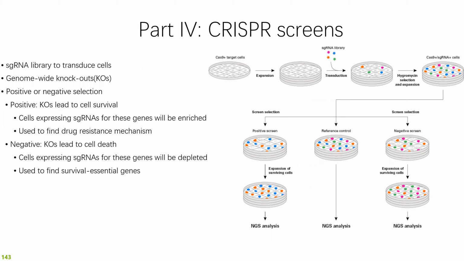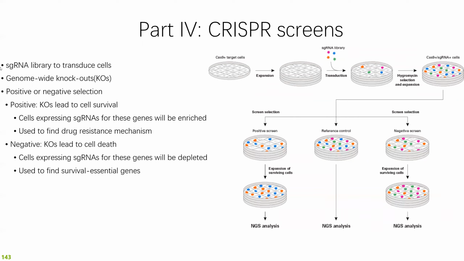This is a brief overview of CRISPR screen. So we first construct a sgRNA guidance RNA library, which contains many different types of RNA targeting many different genes.